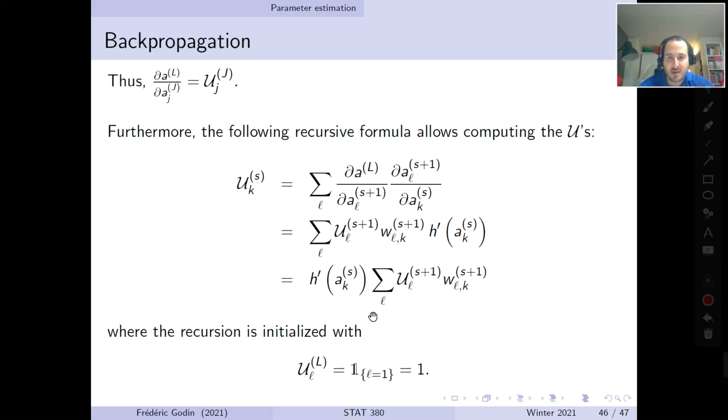Okay, so you can start with the following starting value for your recursion: u_l^L is set to 1 for l equal to 1.